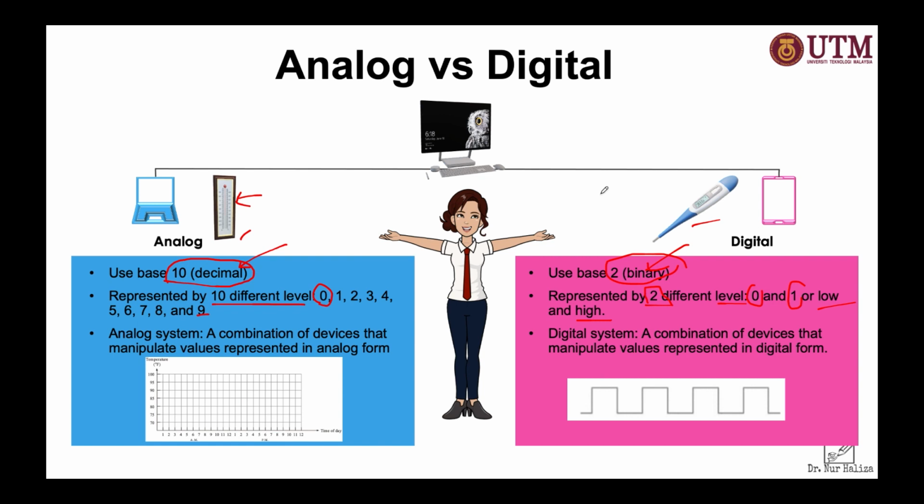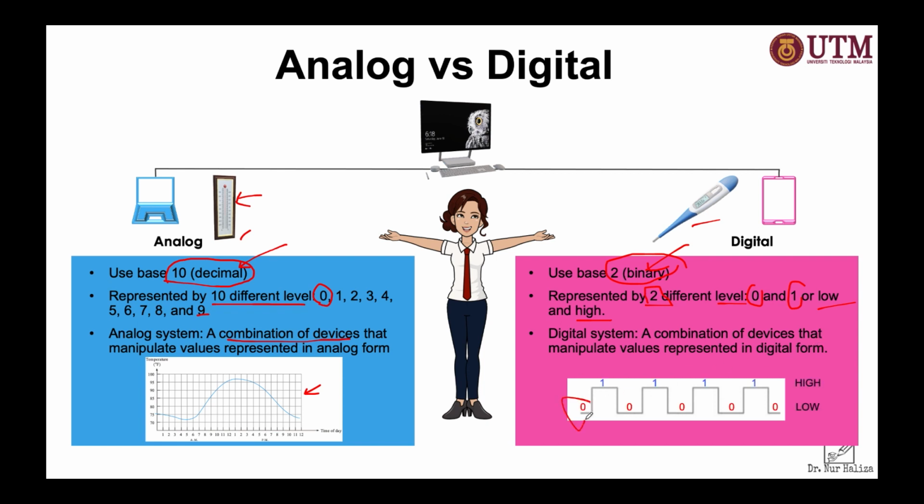And here you can see that an analog system is a combination of devices that manipulate various representations in analog form. Here is the graph, and this one is the digital system. You can see how the form of the signals looks.